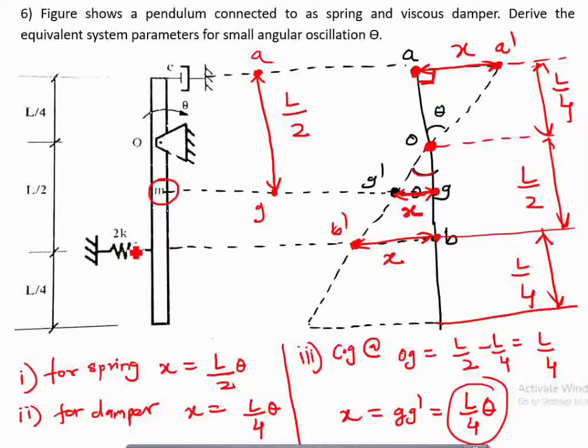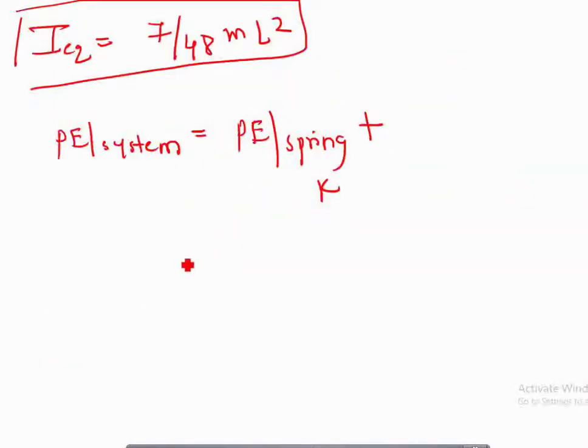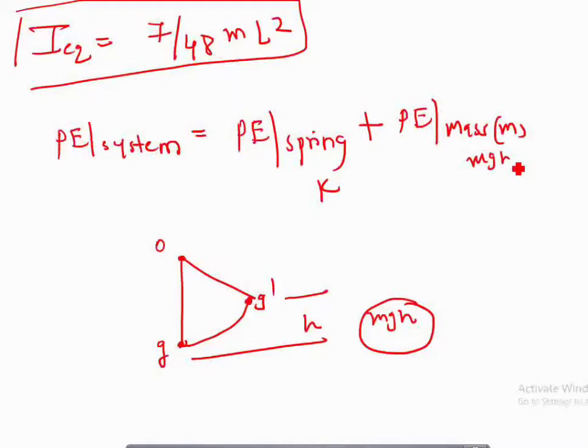When the pendulum is suspended vertically from the point O, the point G gets displaced from G to G dash, and the corresponding height is h. So the potential energy stored will be mgh, the gravitational potential energy due to the height h from the datum position. So we take the potential energy of mass m, that is mgh.